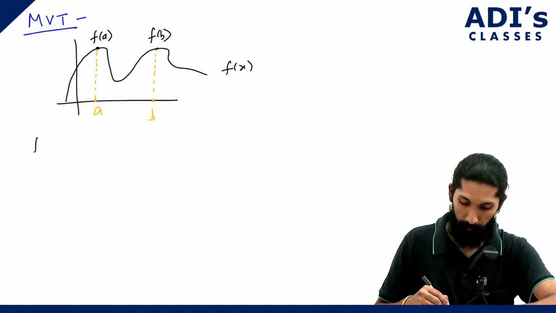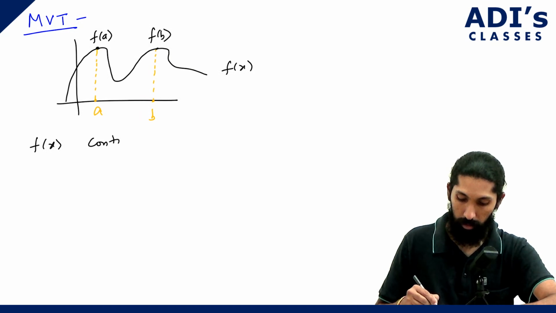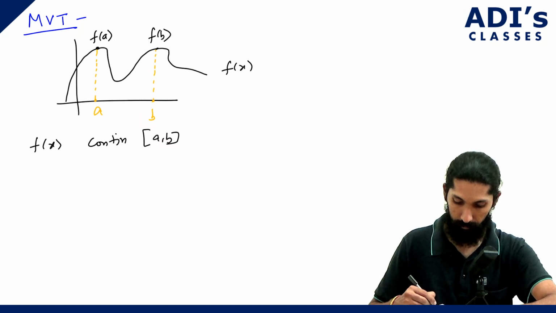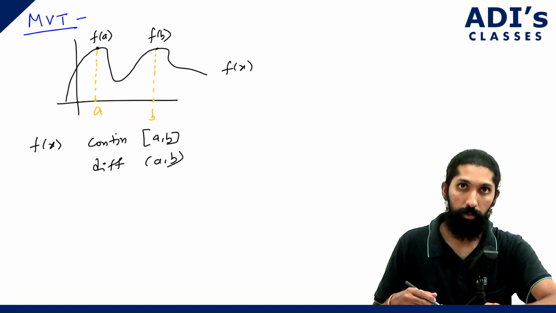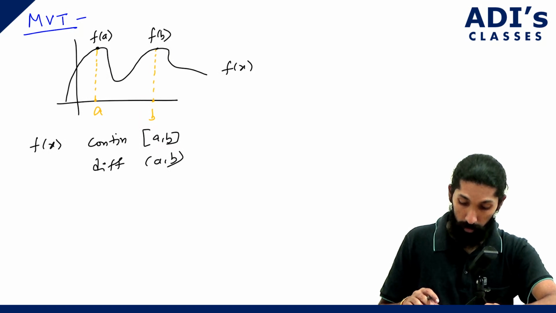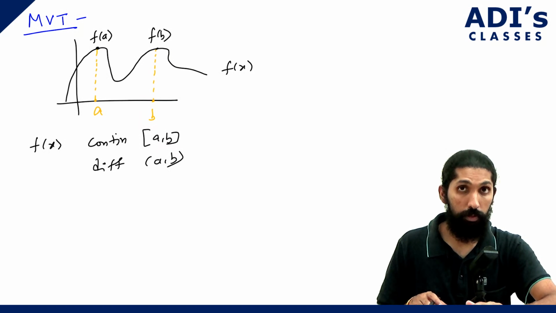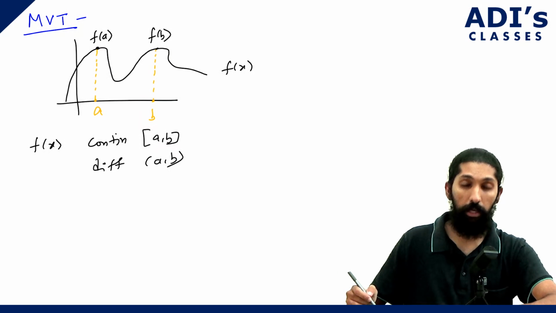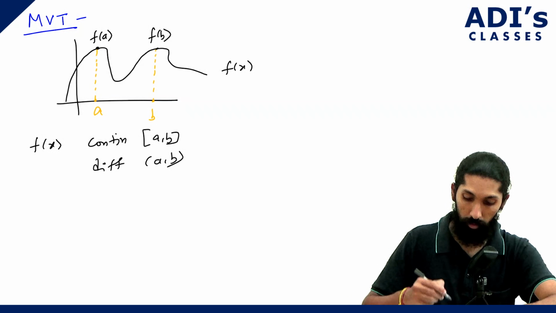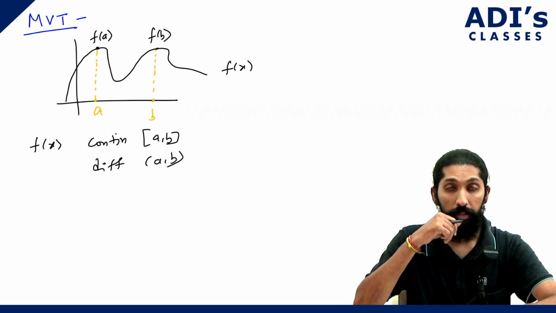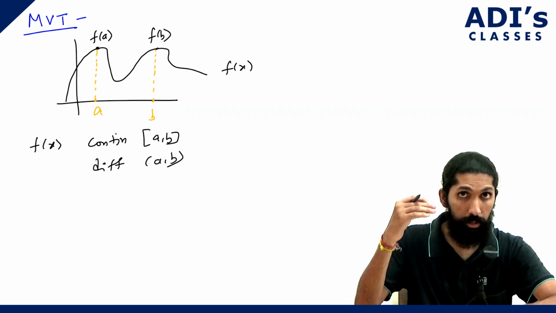So first and foremost, f of x has to be continuous in a comma b, and differentiable in a comma b, differentiable in the sense you should be able to differentiate, correct? Once you have these two, now comes the most important point, that there exists a value c, some value c where you are going to draw a tangent.